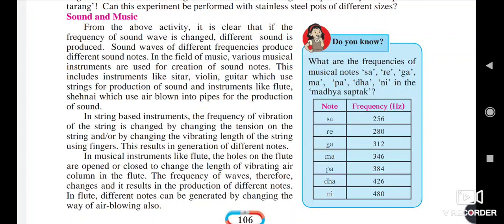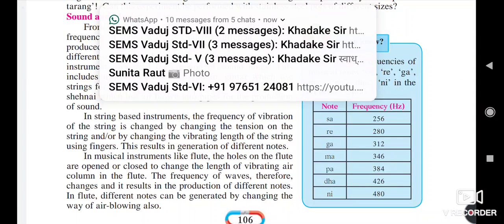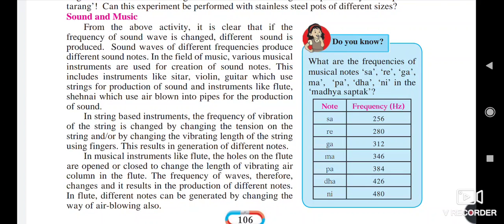Sa has a frequency of 256, re 280 Hz, ga 312 Hz, ma 346 Hz, pa 384, dha 426, ni 480 Hz. As the vibration increases, the frequency of the sound also increases.